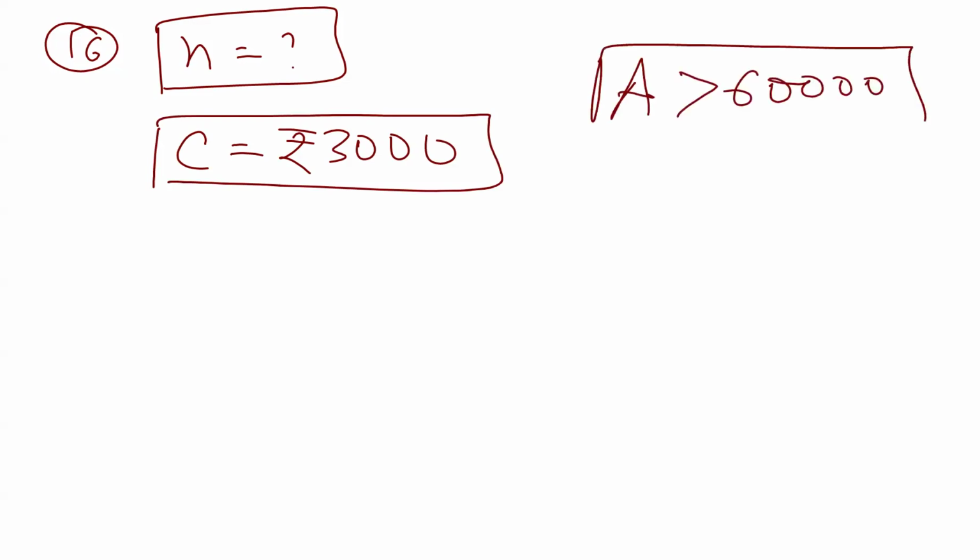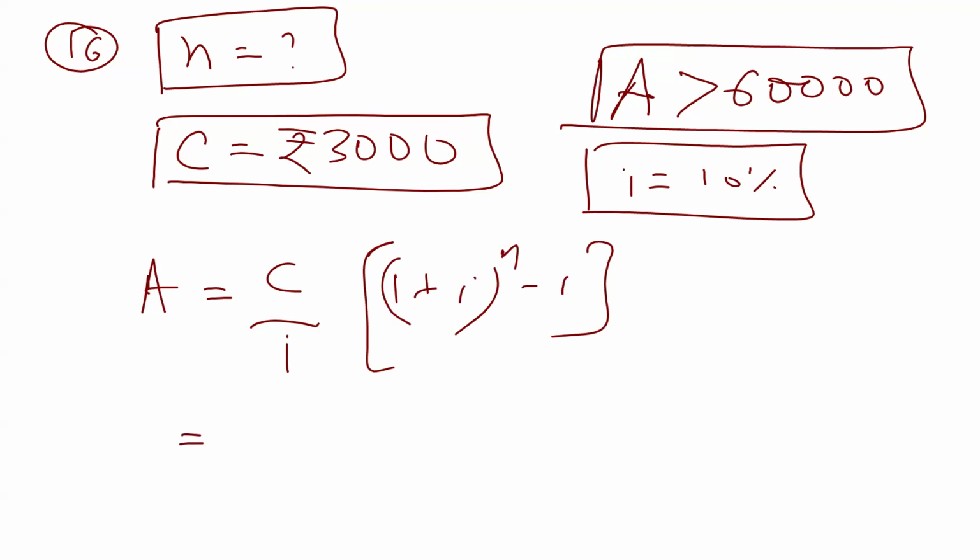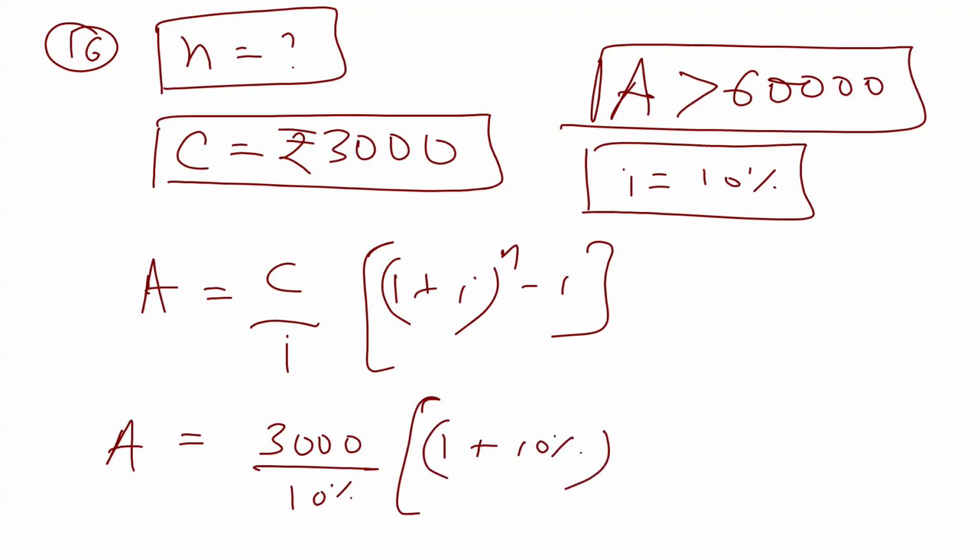Fine. And certain values are given to you in the problem. I is equal to 10%. That's also mentioned. So A is equal to C by I, 1 plus I raised to N minus 1. C is nothing but 3000, upon I is 10%, 1 plus 10% raised to N. N is what?